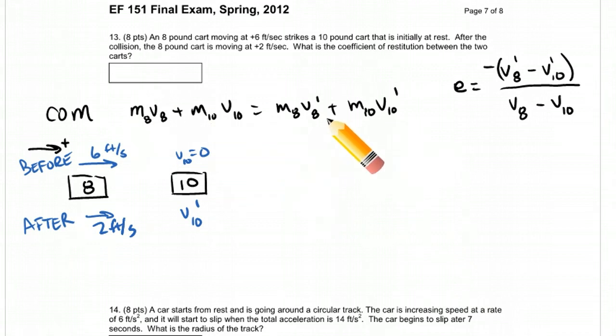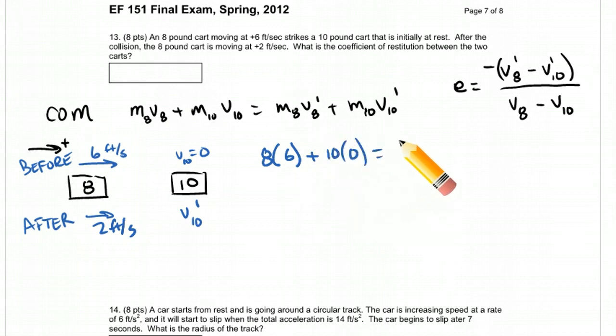All these have mass in them, so I can use weight because I would just be dividing 32.2 by each value. So I'll be a little sloppy here and use weight for each one. We'll have 8 times the velocity of the 8 before, which is a positive 6, plus 10 times 0, is equal to 8 times the velocity of the 8 after, a positive 2, plus 10 times V10 prime.